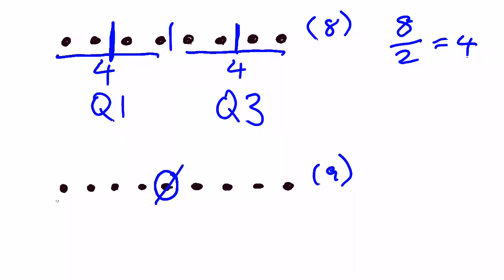So now I'm only going to use these 4 dots to find my lower quartile and these 4 dots to find my upper quartile. This wasn't a question when I had an even number of dots because it was really easy to cut the numbers in half. But how do I cut the numbers in half when there's an odd number? We don't use the middle one.